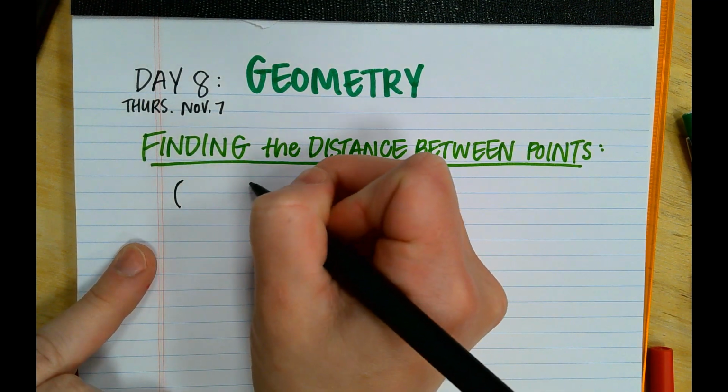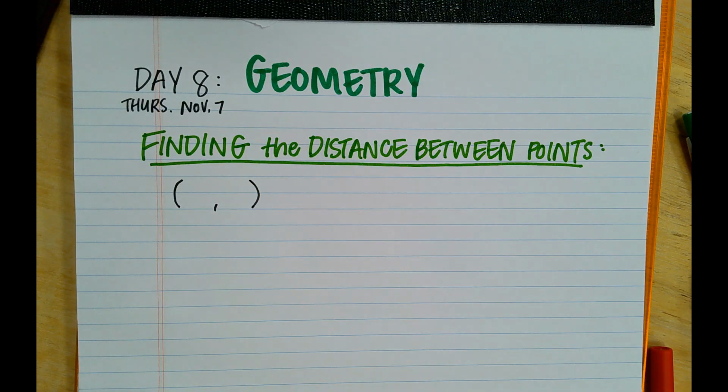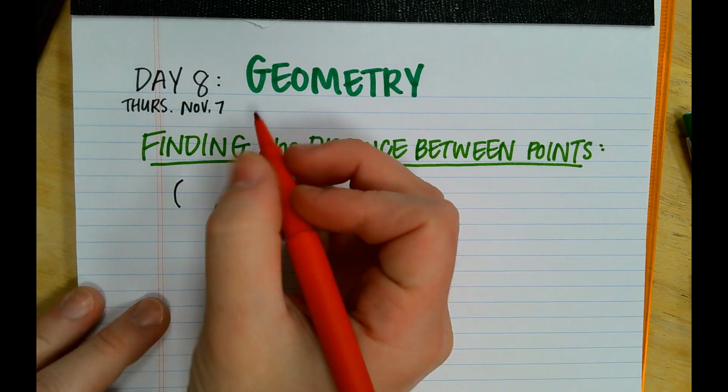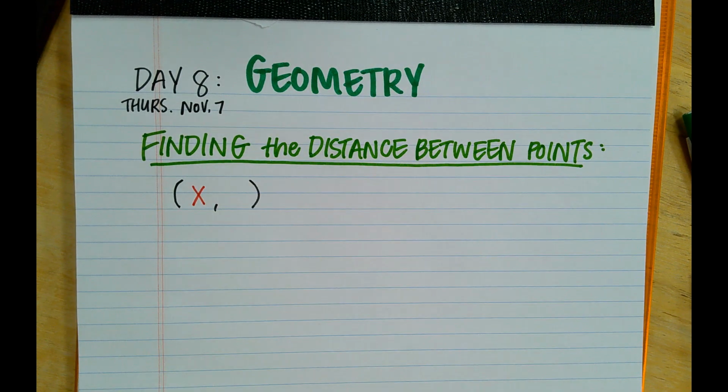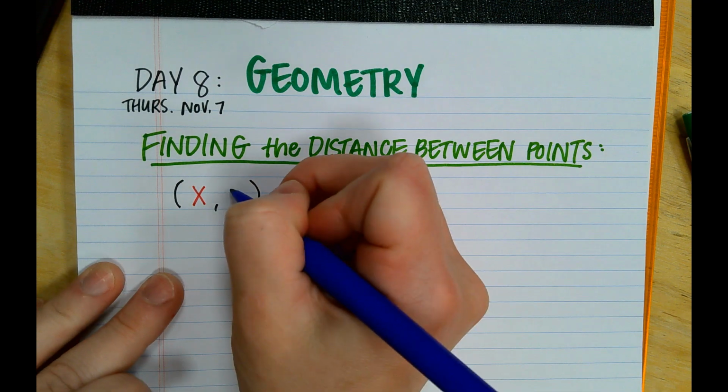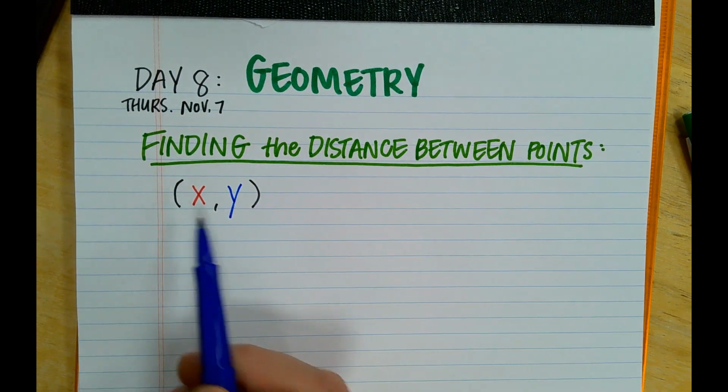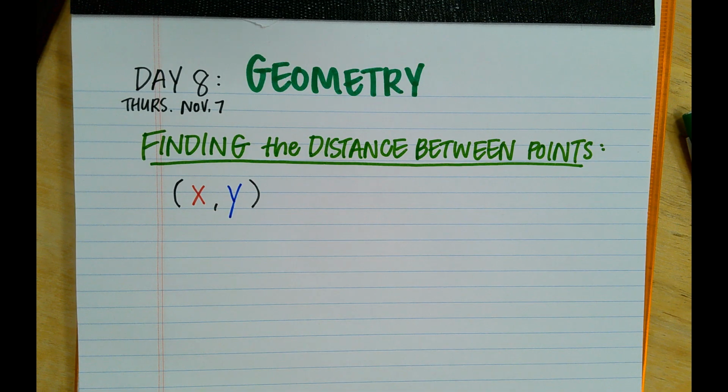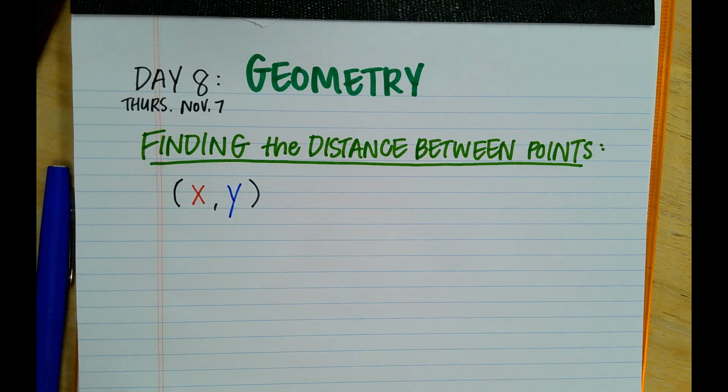It might seem silly, but sometimes when you get into the zone and you're taking a quiz or a test, things start to disappear from your brain. So I like to give myself the key that x is first, y is second, just in case I have a little brain emptying moment.